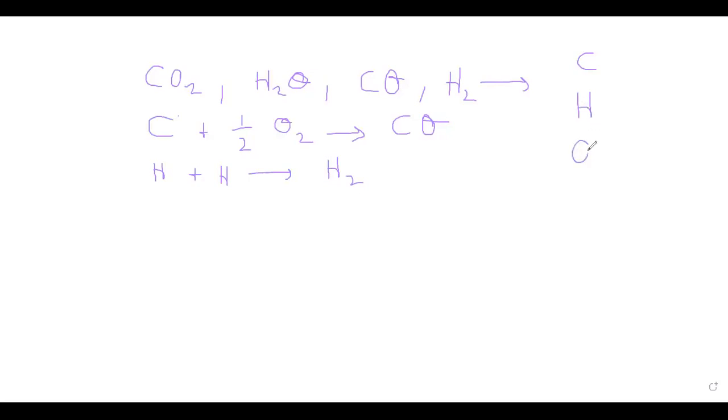Since we have three elements, by conservation of mass, we can say that the mass of carbon in the product is equal to the mass of carbon in the reactants. And also we can do the analysis in number of kilomole. And we can say that the number of kilomole of C before combustion is equal to the number of kilomole of C after combustion.